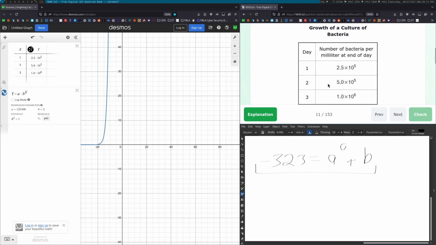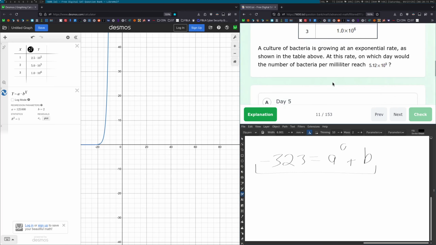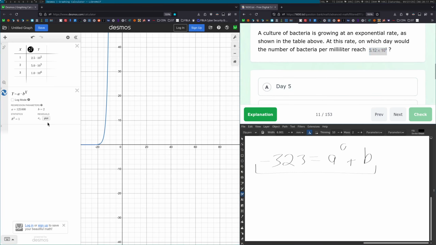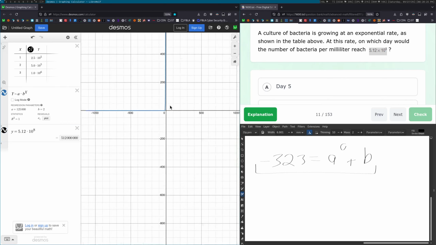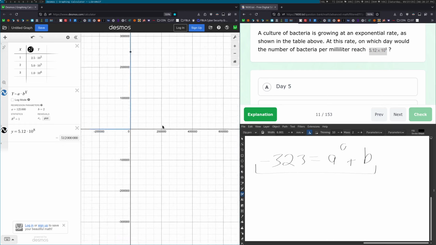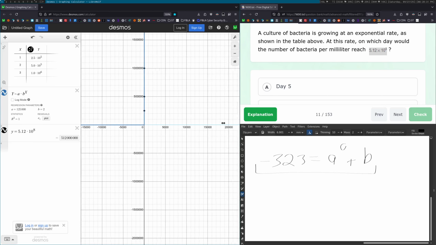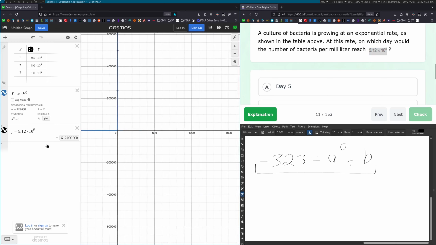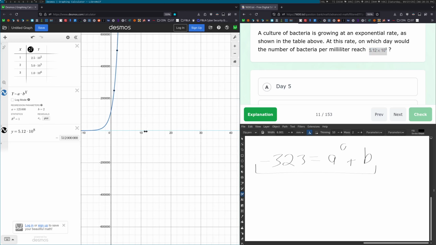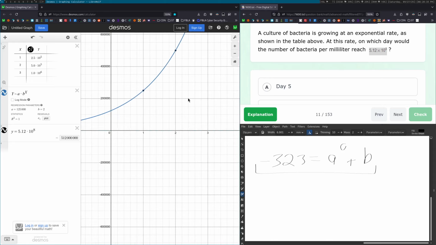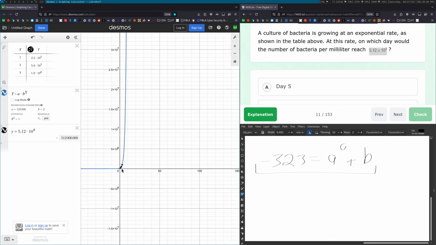Okay, and now let's see, when do we reach 5.12 times 10 to the 8? y is equal to 5.12 times 10 to the 8. And we just gotta zoom out, see where it crosses. I'm holding shift and dragging, by the way, to get this x-axis smaller.